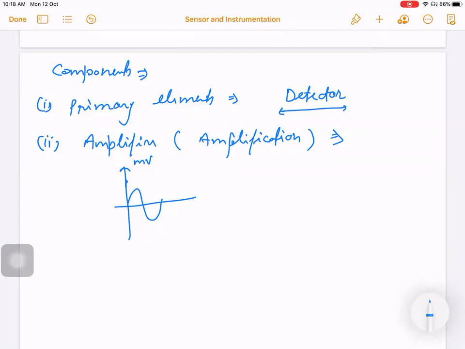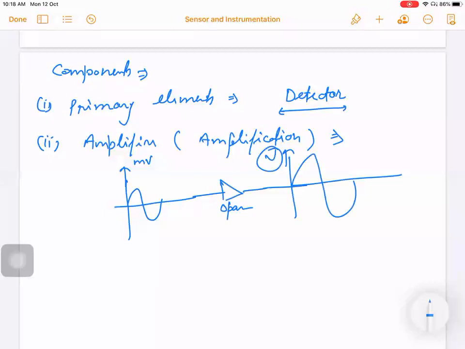So you use the amplifier over there. I'm just writing the op amp here. After that you will get the data in volt form, so the magnitude will increase. So the second one is your amplifier: detectors, amplifiers.